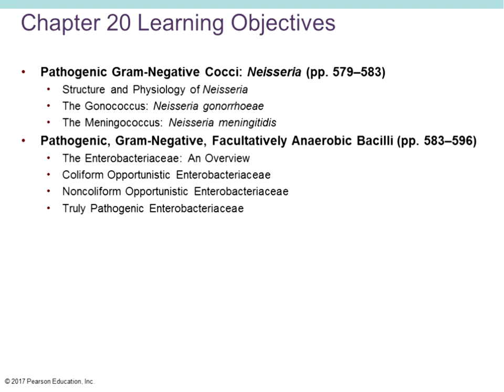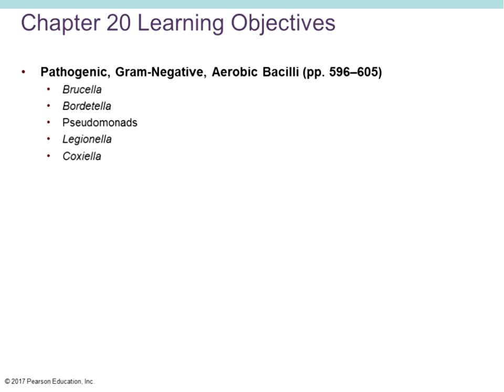So once again, here are some of the learning objectives. We're going to look at Neisseria in the same way that we did for the gram-positives. We will talk about the structure, the physiology, also the pathophysiology of it, the epidemiology and disease, as well as treatment and prevention. We'll also talk about facultatively anaerobic bacilli, Enterobacteriaceae.